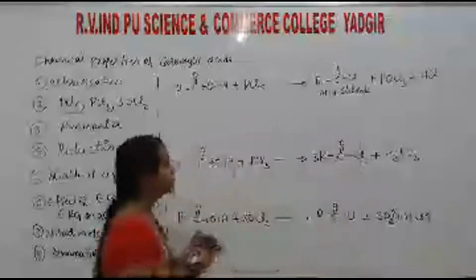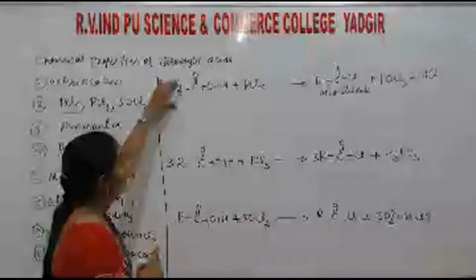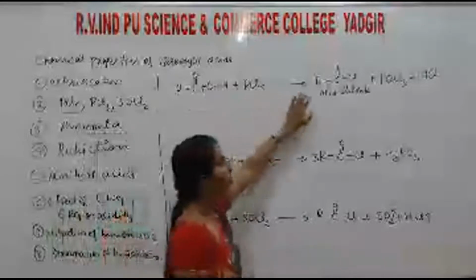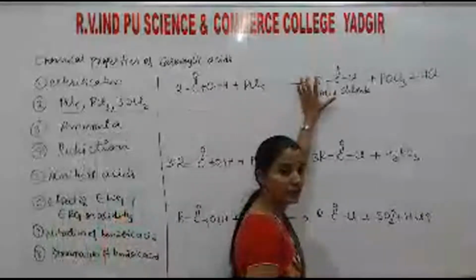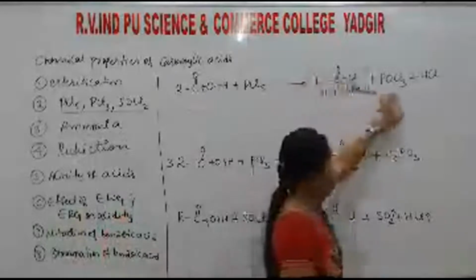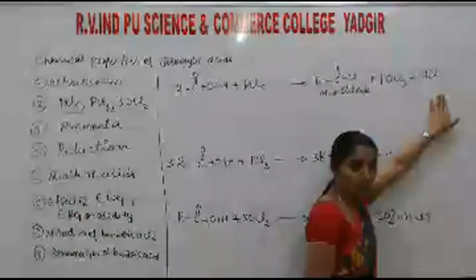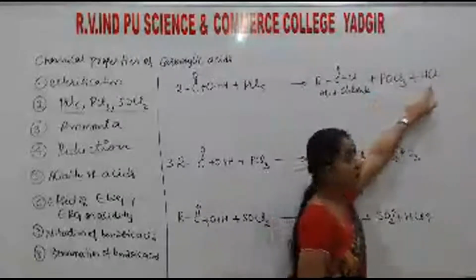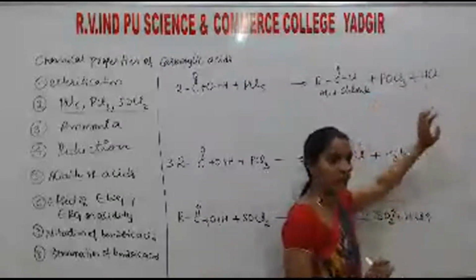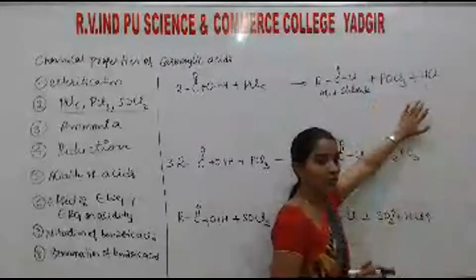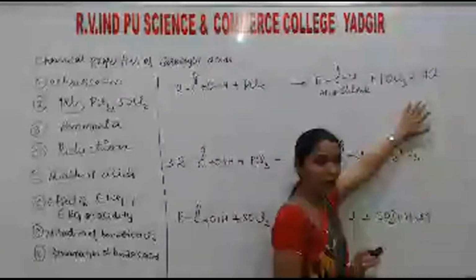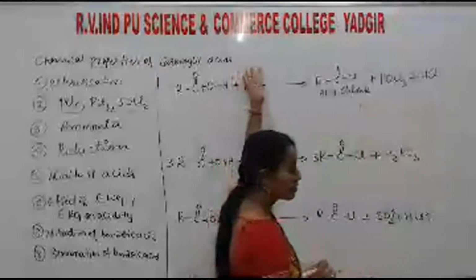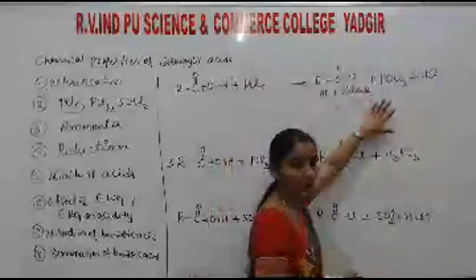How can you say it? Listen. When this carboxylic acid reacts with phosphorus pentachloride, it forms acid halides. If you don't know this, you may not write. If you know the name, this is phosphorus oxychloride, then HCl. If you know, you can write. If not, you may not write also. It will be okay. You need only the reactants and the main product. So when carboxylic acid reacts with phosphorus pentachloride, it forms acid chloride.